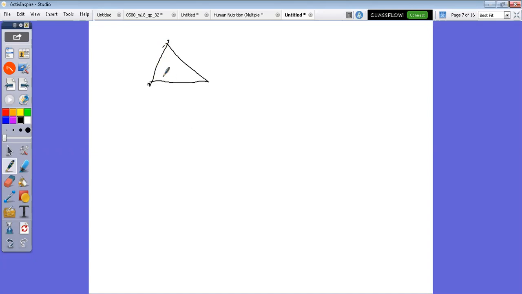Okay, so let's say, let me use from the book. So let's say this is 47 degrees. And this is 12.2 centimeters or meters. Let's say it's meters. It's not up to scale.